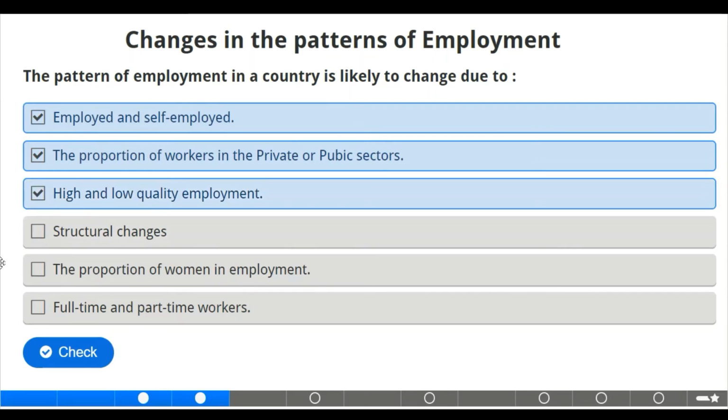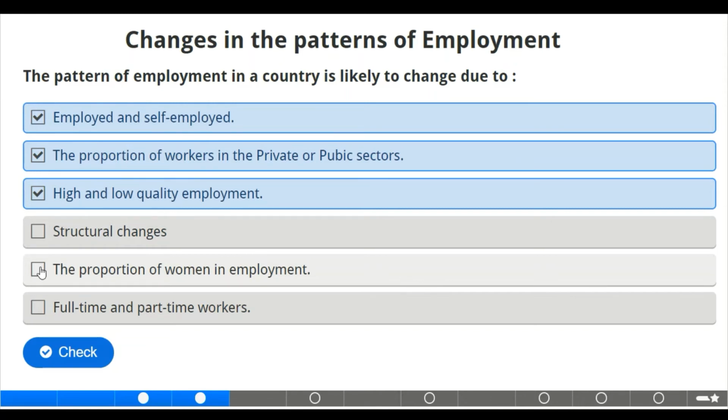Is it lack of aggregate demand? No, that's not supposed to be a change in the pattern of employment. We also have the proportion of women in employment. Of course, when an economy is developed, social attitudes can become progressive and women are encouraged to work, so they will enter the labor force.